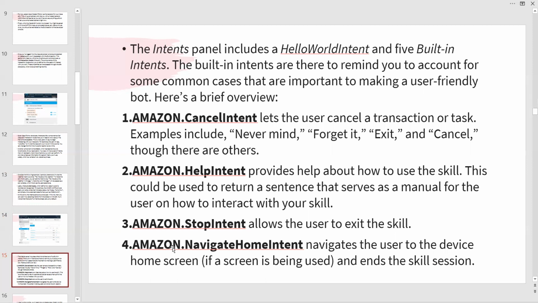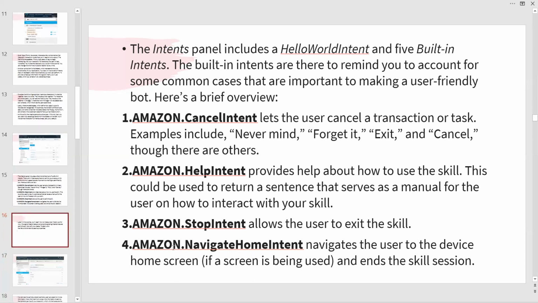Next, Amazon Help Intent provides help about how to use the skill. This could be used to return a sentence that serves as a manual for the user on how to interact with your skill. Next, Amazon Stop Intent allows the user to exit the skill. Next, Amazon Navigate Home Intent navigates the user to the device home screen if a screen is being used and ends the skill session.